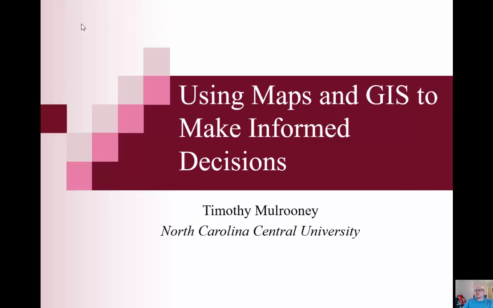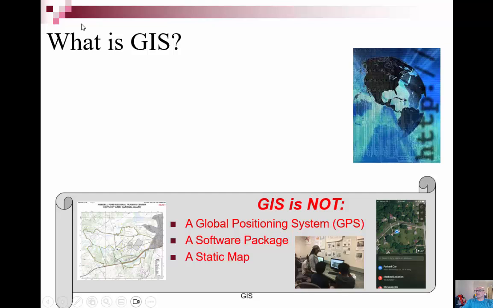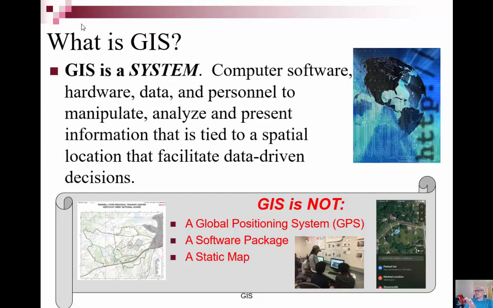We talked about previously what GIS actually is. GIS is the system. It's a combination of tools, techniques, software, things that you can hold, and the intangible that go into facilitating data-driven decision making. GIS isn't a GPS. It utilizes parts of GIS.